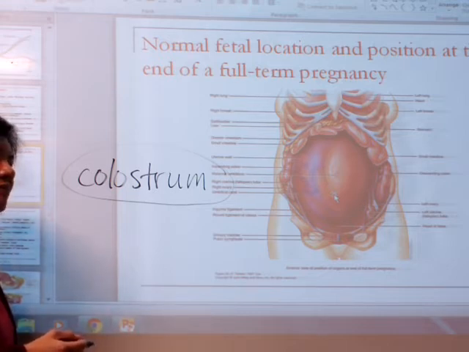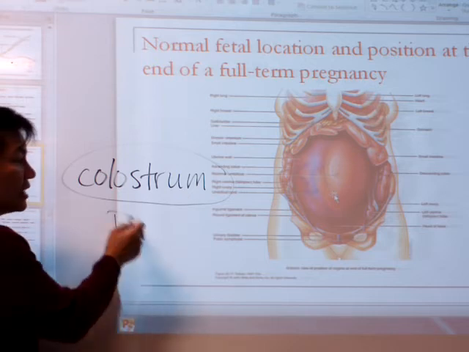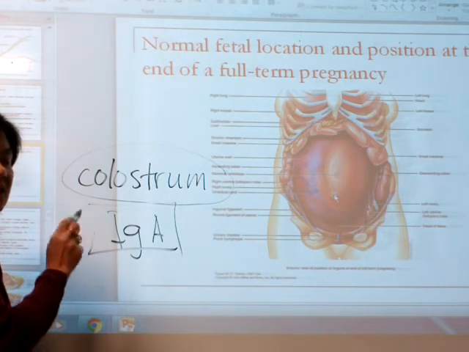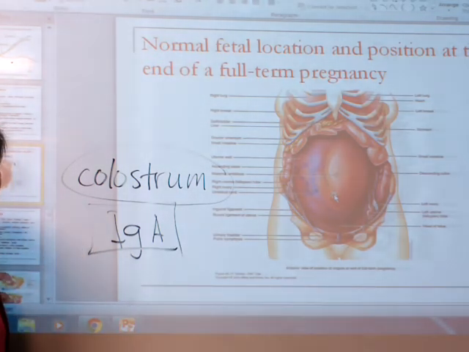By the way, the antibody we get from breast milk is IgA. And this is the single component in breast milk that cannot be replaced or synthetically added to all the formula milk out there, no matter how high quality. This is the one that's missing in the formula milk.